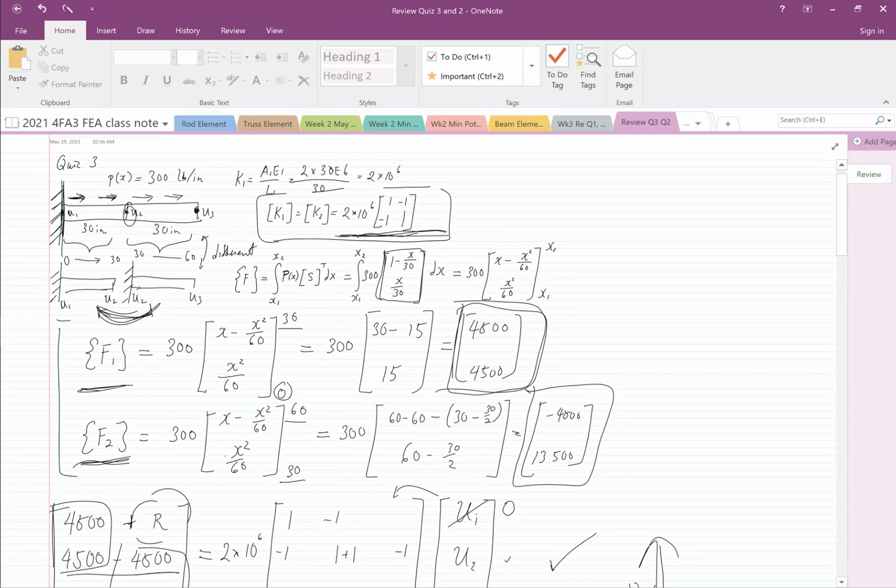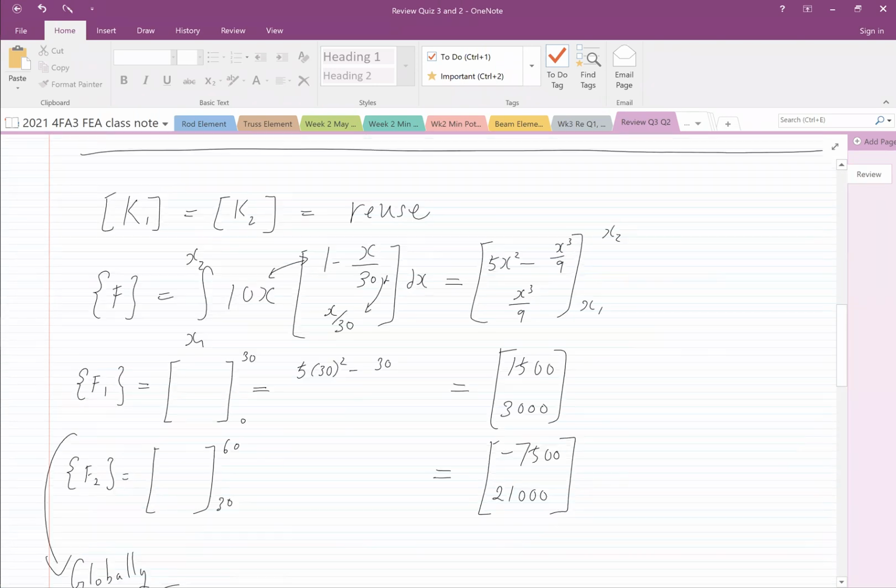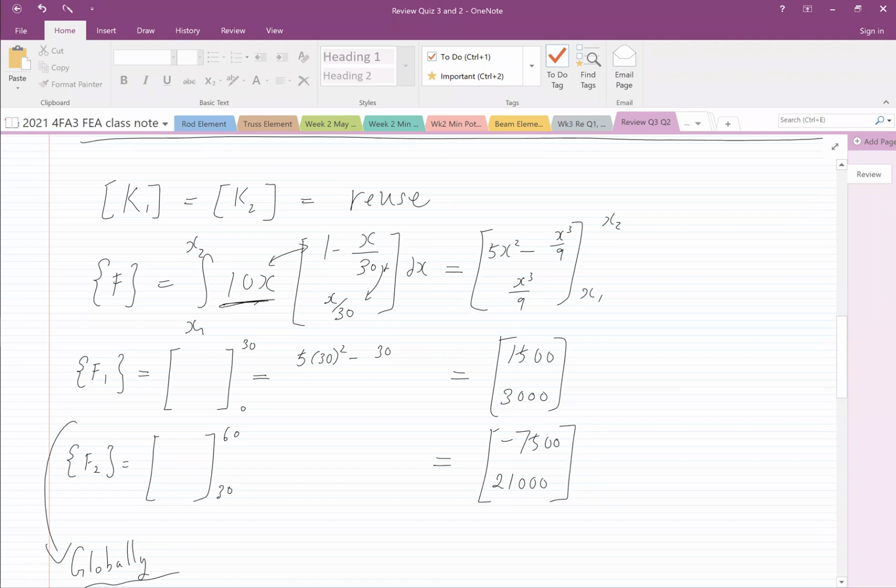Do not do that. Right here, the integration is only 300, the first part. For the second part, the integration is 10x. Don't add them together, they're 2 different problems. Do not add them because I didn't ask you to. Anyways, if you have more questions, email it to me.